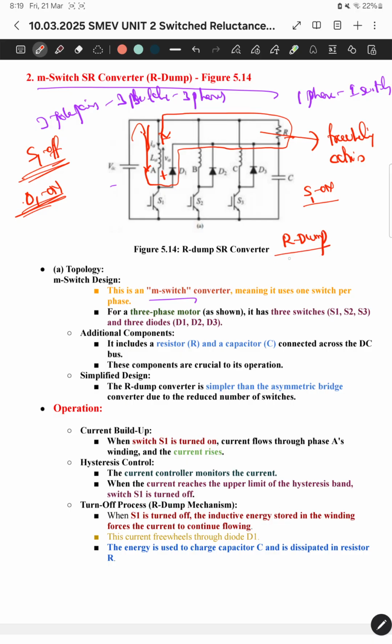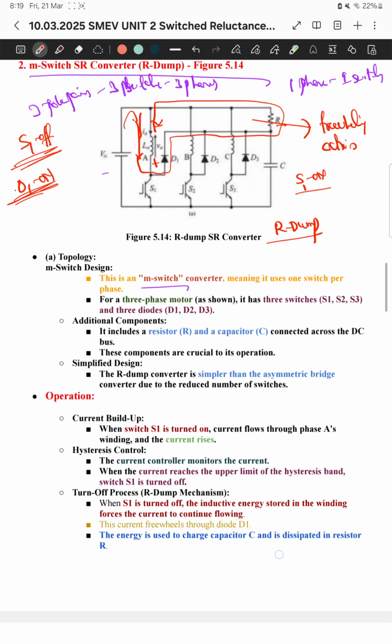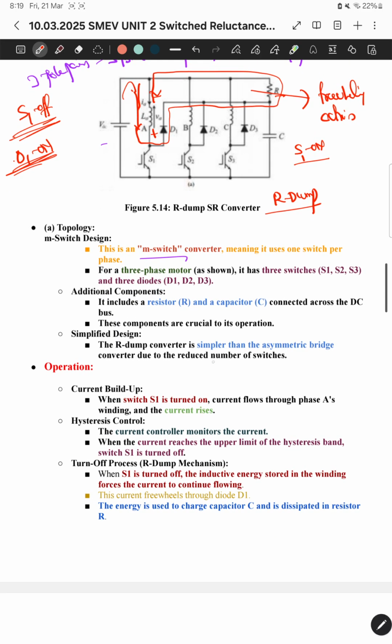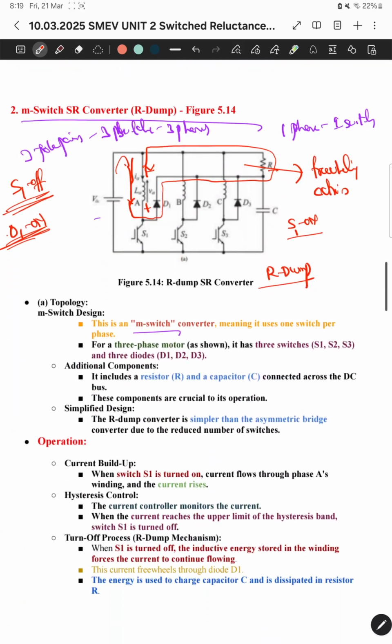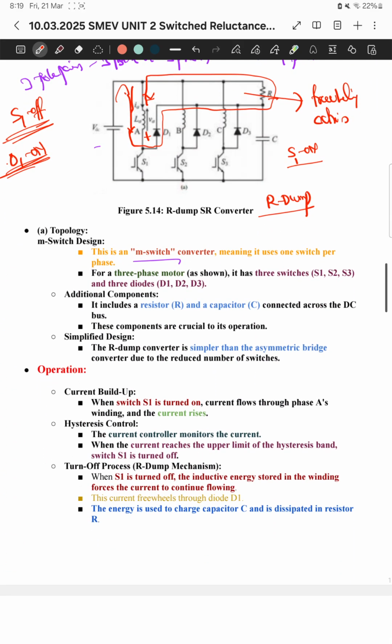Whatever energy is stored, in the freewheeling action time the energy is wasted in the resistance, and that's why it is called an R-dump converter. That is the justification of the R-dump converter, and the rest is the same.